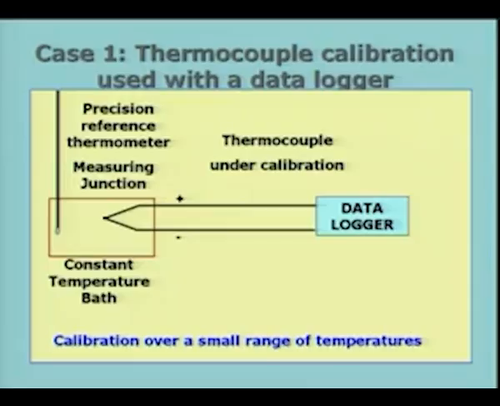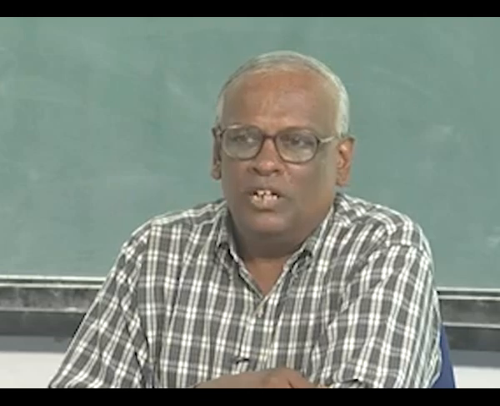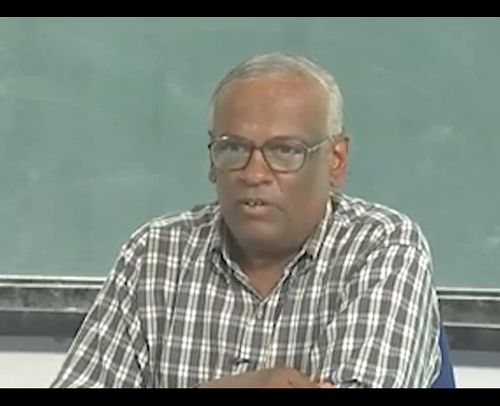So, in this case, if I have a thermocouple of a particular type, I would like to see whether it is in agreement with a thermocouple which is standardized or calibrated in a standards laboratory or by a third party who is not involved in your particular activity. So, an independent check on the instrument is required so that we can rely on the measured values.